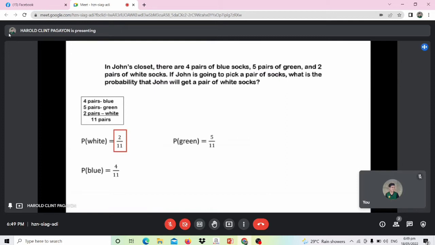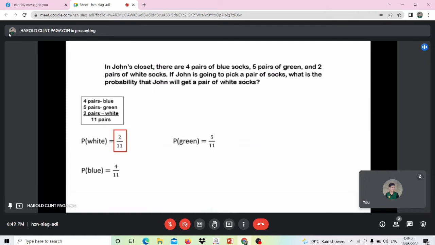Let's just substitute the number of pairs of Sox of the green color. The number of green pairs of Sox, all over the total number of pairs of Sox, which is 11.